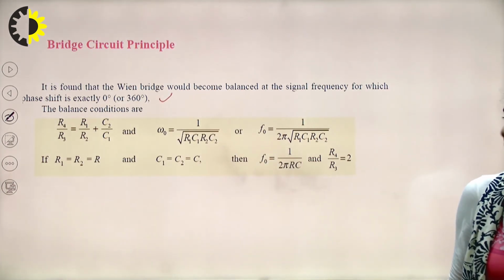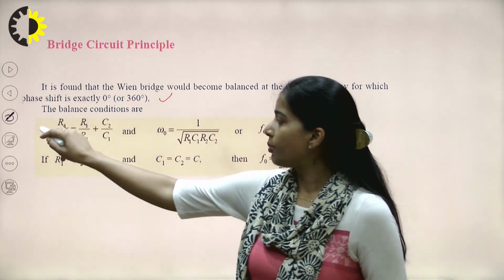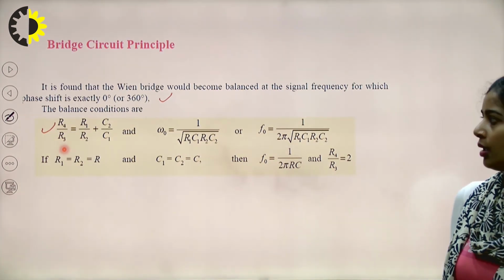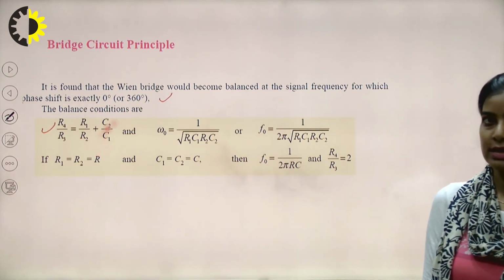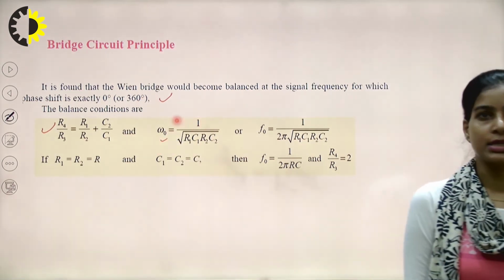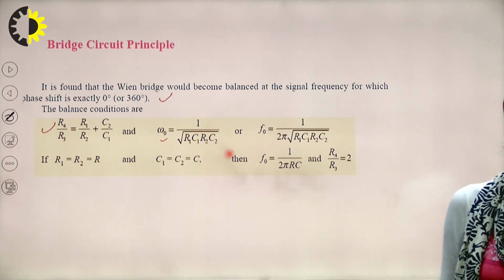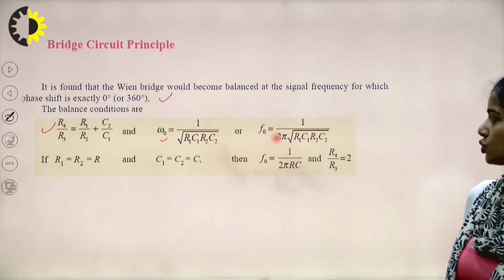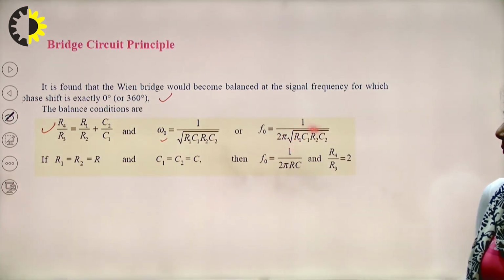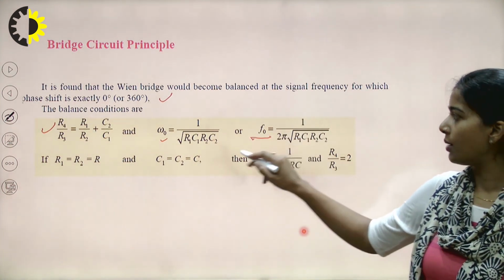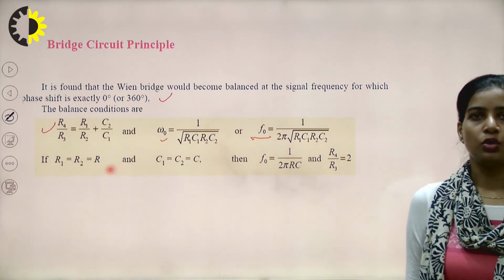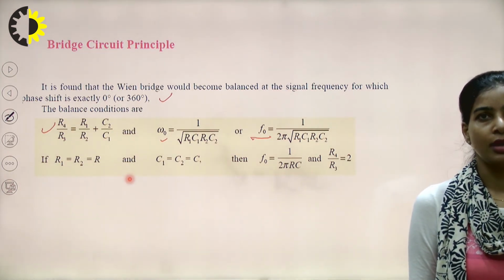The balanced condition is R4/R3 equal to R1/R2 plus C2/C1, and the frequency omega naught can be defined as 1 upon the square root of R1 C1 R2 C2. Further, the frequency f is omega upon 2π, which gives 1/(2π√(R1 C1 R2 C2)).